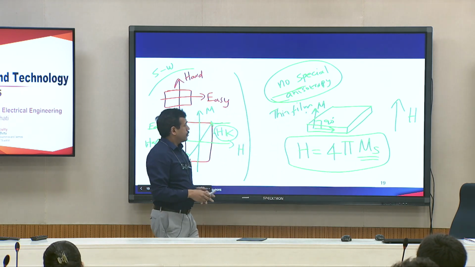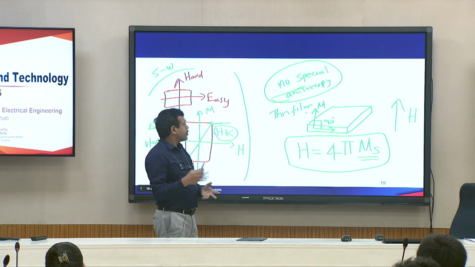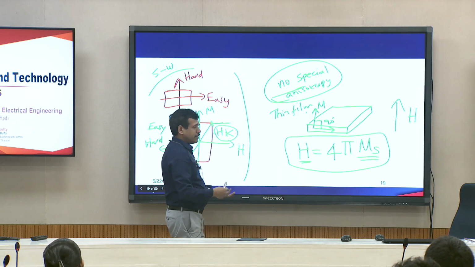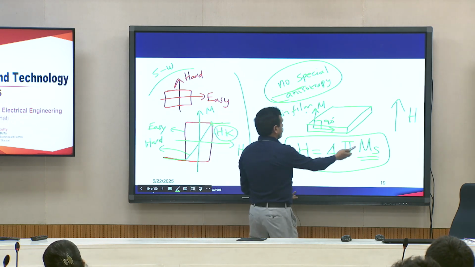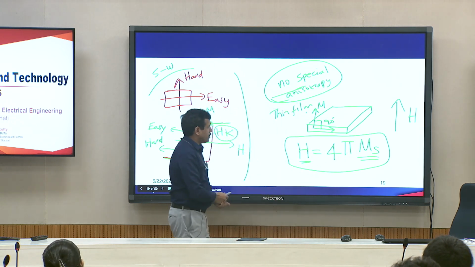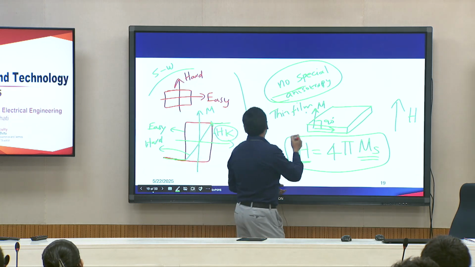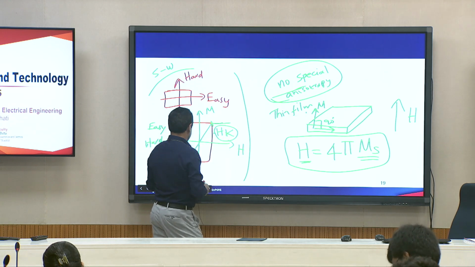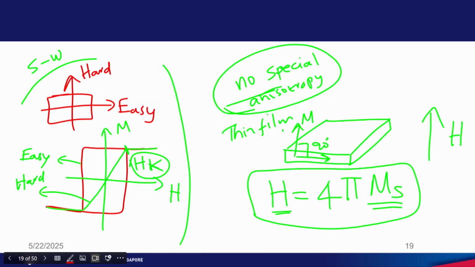So, if your saturation magnetization is larger, then you need more magnetic field. If your saturation magnetization is smaller, you will need less magnetic field. So, for example, you take permalloy with a magnetization of 800 emu per cc.